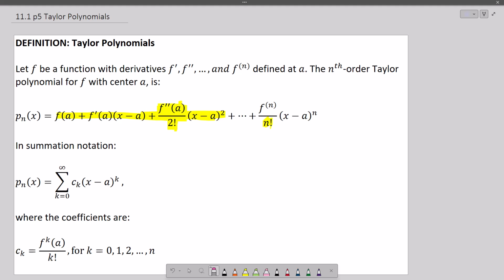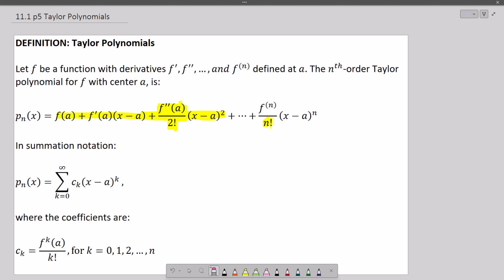The tangent line is a first order Taylor polynomial. The best quadratic approximation is a second order Taylor polynomial. The best cubic approximation is a third order Taylor polynomial, etc. So the nth order Taylor polynomial is the best nth degree approximation to the function.